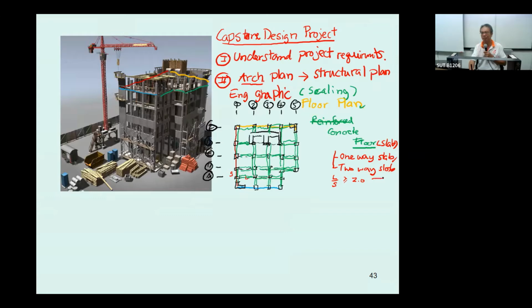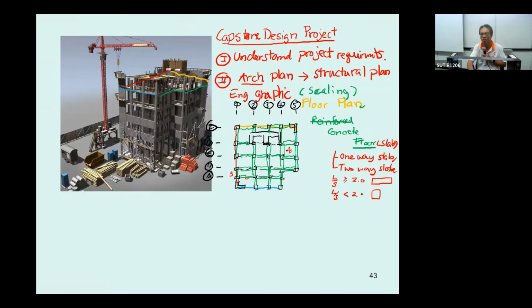The slab is going to have a long rectangular shape like this. If you have L over S less than 2.0, you will get a two-way slab. If you check this one, it is going to be a two-way slab.